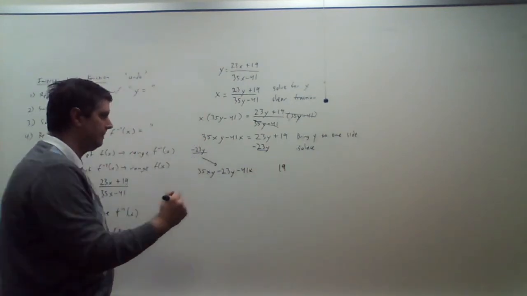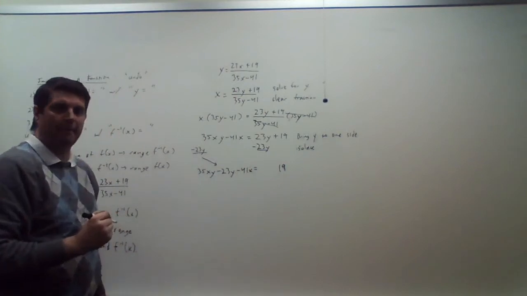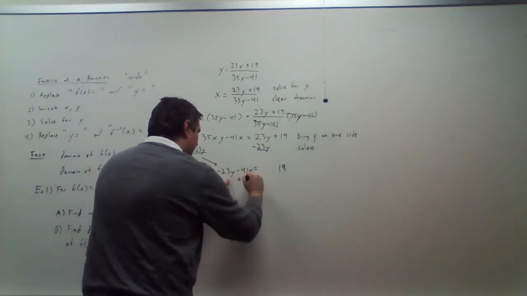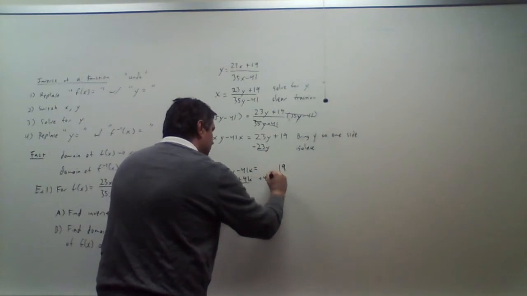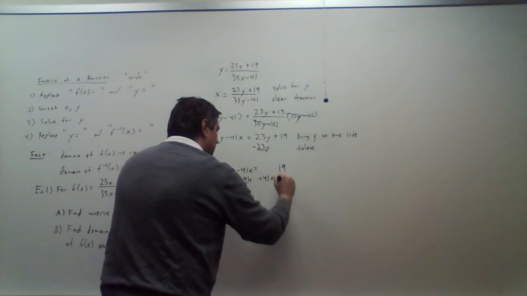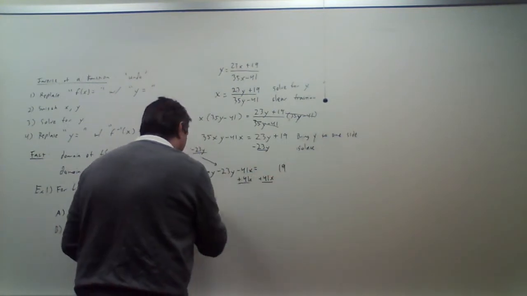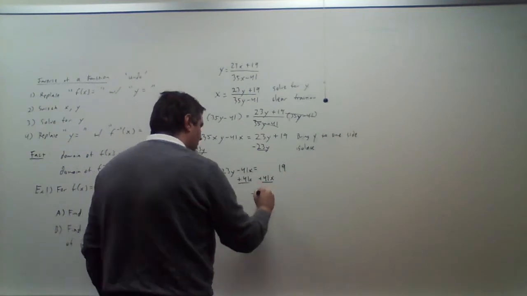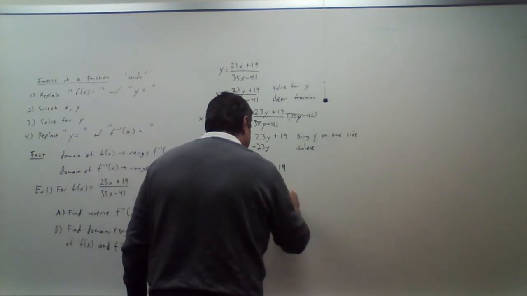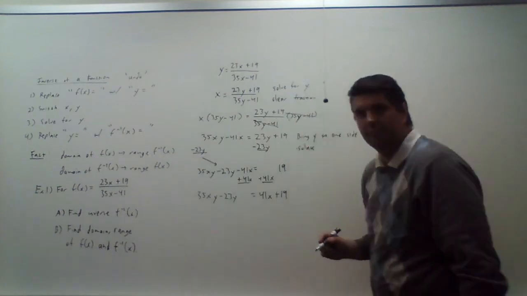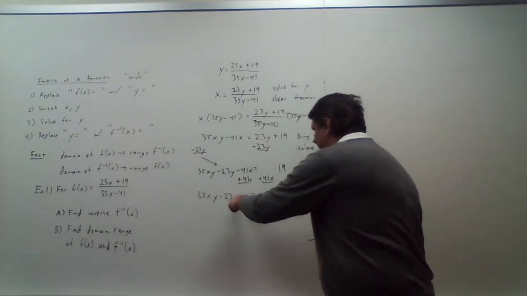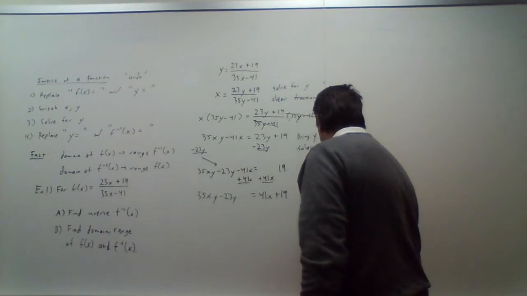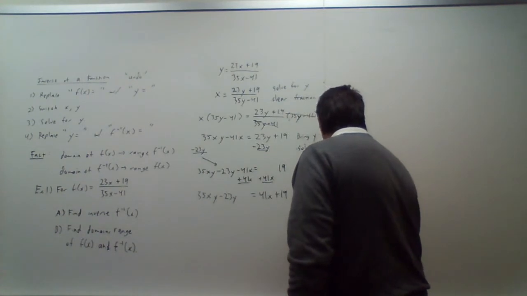All right. Next up, you're going to want to isolate the y term, so we will add 41x back. So we end up with 35xy minus 23y equals 41x plus 19. Okay? Now we're going to factor out y, and then divide.